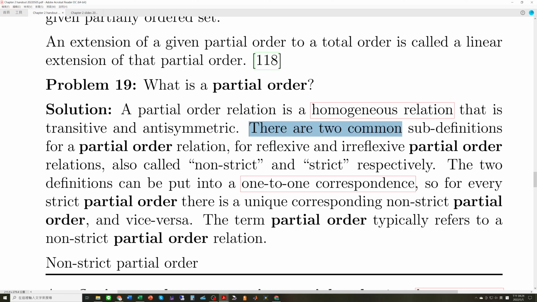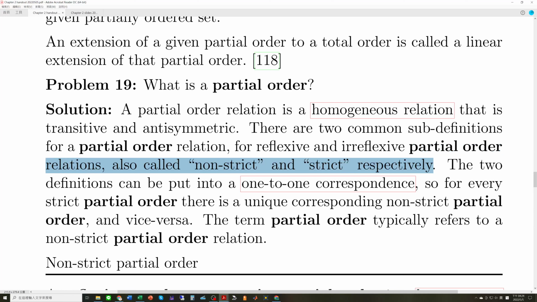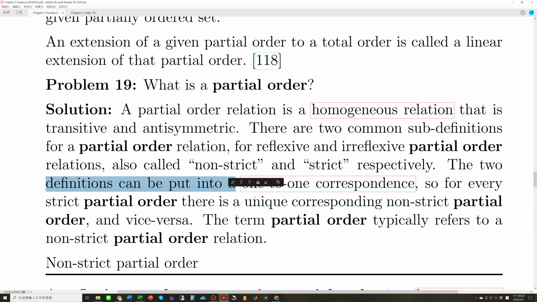Okay, there are two common subdefinitions for a partial order relation. For reflexive and irreflexive, we will introduce what are reflexive and irreflexive later. Partial order relations are also called non-strict and strict respectively. The two definitions can be put into a one-to-one correspondence.